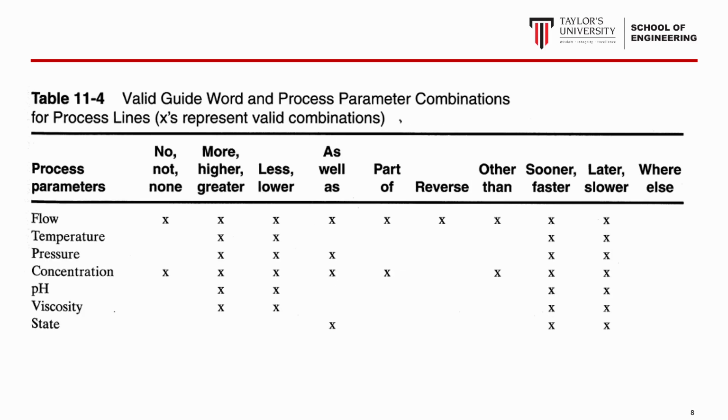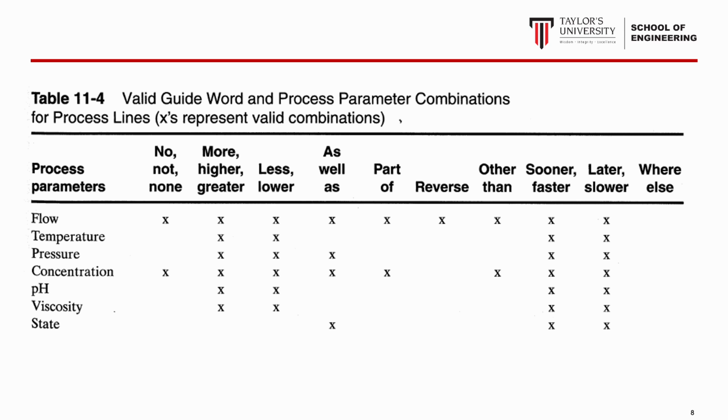So this stage tells us the guide words that we can use for process lines, meaning the processes, the pipelines. So we can look at flow rate, and we can use the guide words of no flow, higher, lower, sometimes as well as, a part of, reverse, etc. And then you can look at temperature, but there's no way that you can say no temperature, because there is always a temperature there.